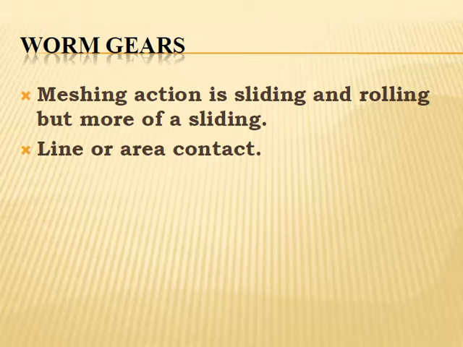This sliding, also known as rubbing, gives very huge friction, as there is a line contact or area contact between the mating worm and worm gear. As friction is there, heat generation is one thing, and another thing is that efficiency gets reduced.